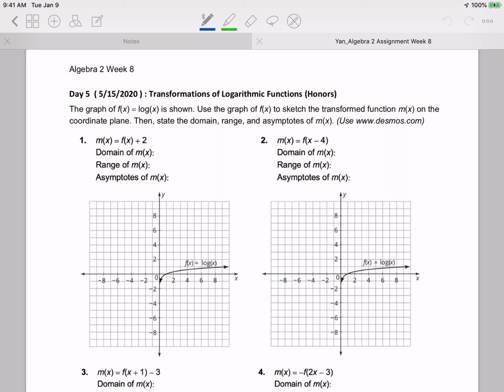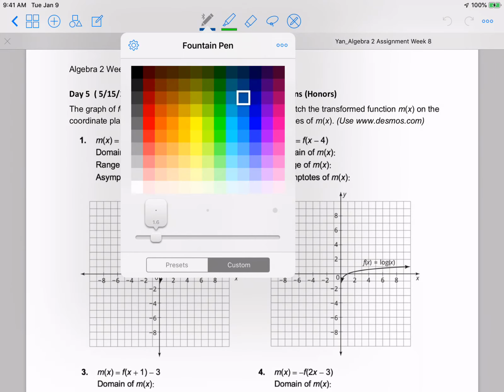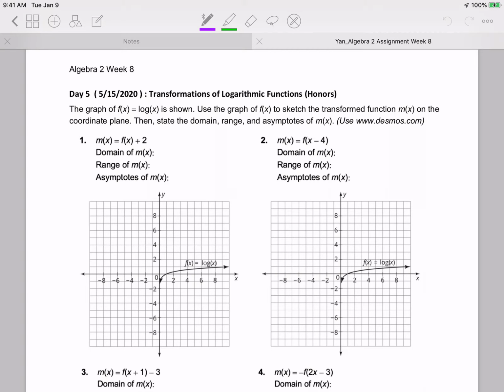If you want to try this on your own, feel free to draw it out. Okay, so I'm gonna do number two. Number two is telling me that for my function, I want to translate 4 units to the right.